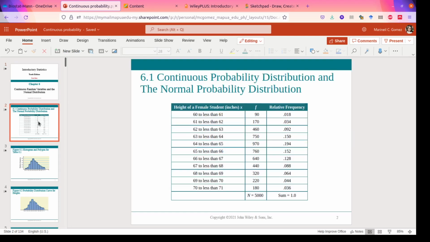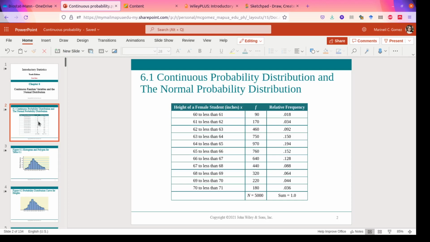So if you remember from our previous discussion, we have two types of variables: discrete random variables and continuous random variables. Continuous random variables can take outcomes that are any point within a certain interval.